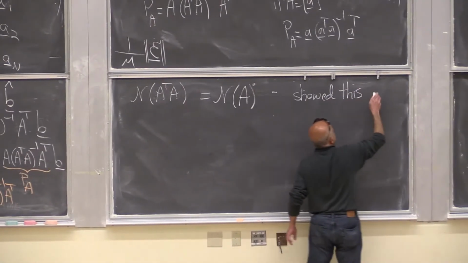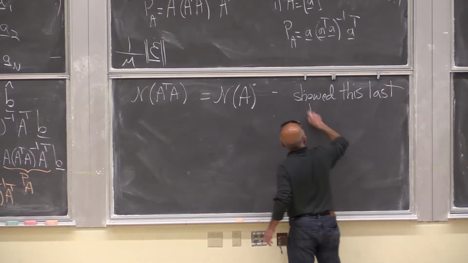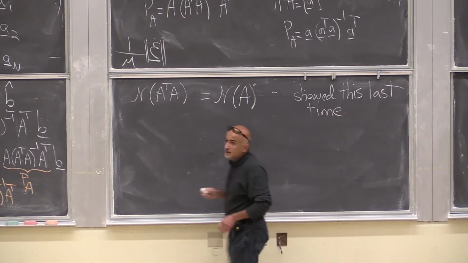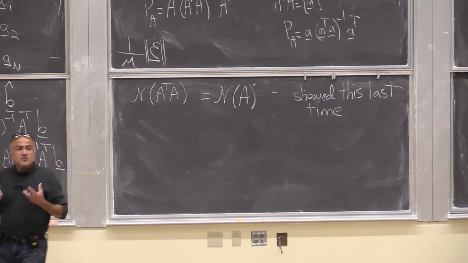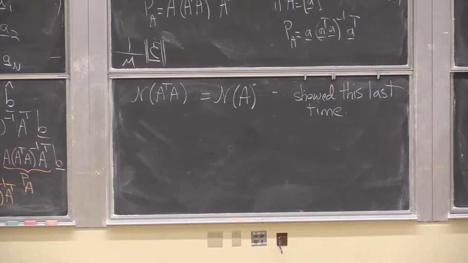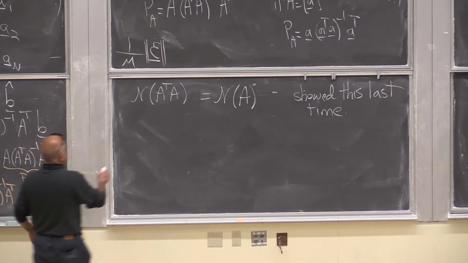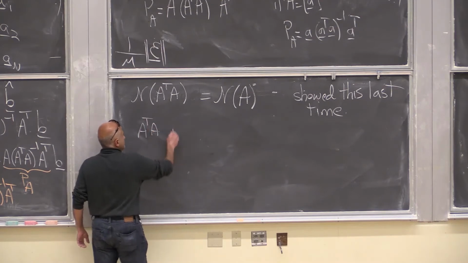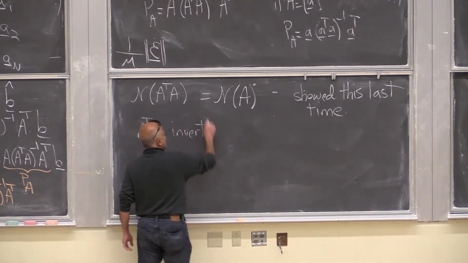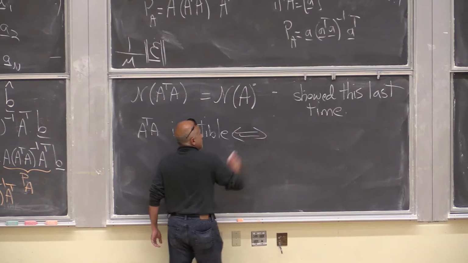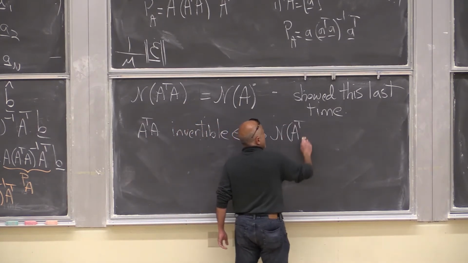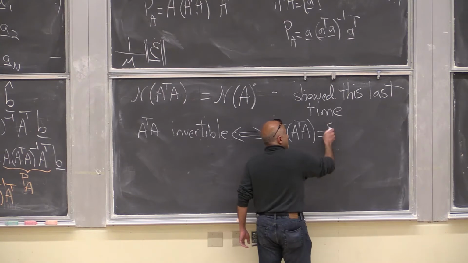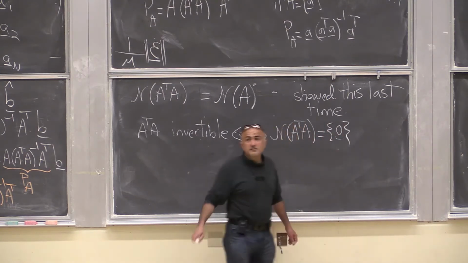Why is this important? Well, when is A transpose A invertible in terms of its null space? When its null space is only the 0 vector. So A transpose A is invertible if and only if the null space of A transpose A is only the 0 vector.